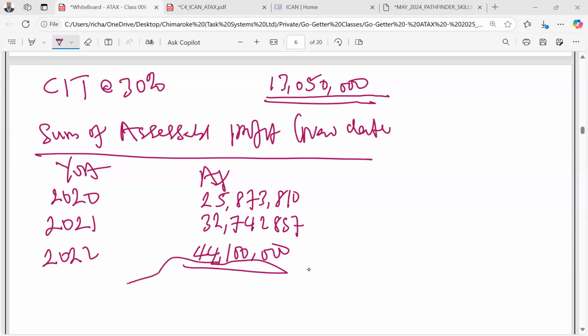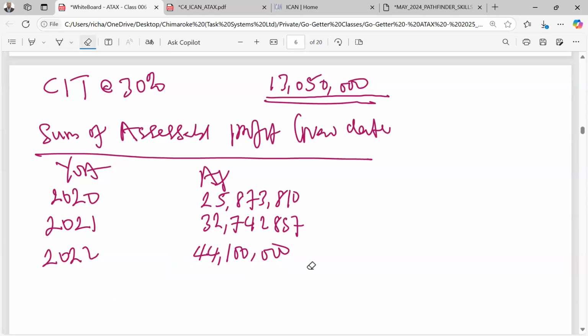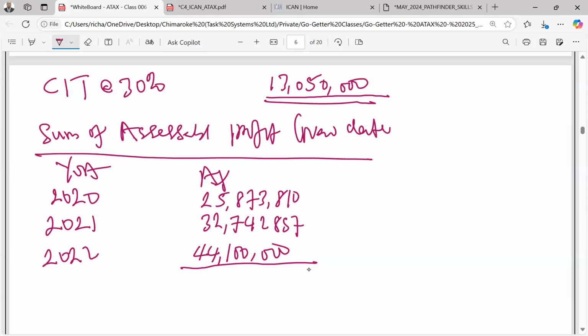102,716,667. I don't have control over my mouse. Hold on. So 102 million, 716,667.